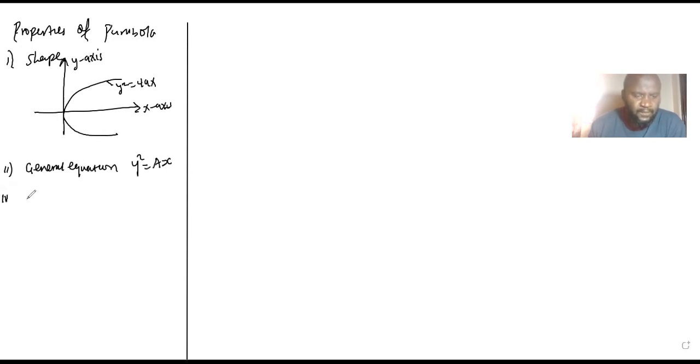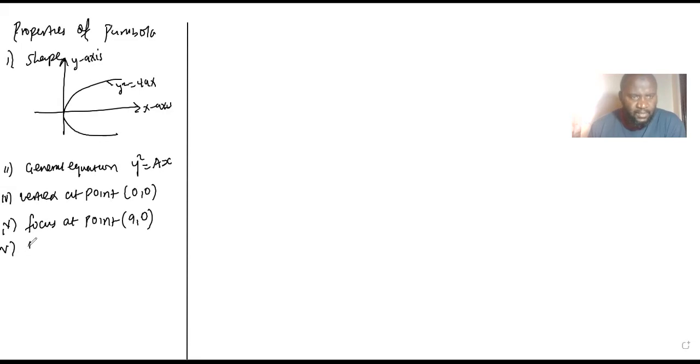Then 3, it has a vertex, with reference to that one, at a point (0, 0). 4, it has a focus at a point (a, 0). 5, the directrix is x is equal to negative a, or x plus a is 0, the equation of the directrix.